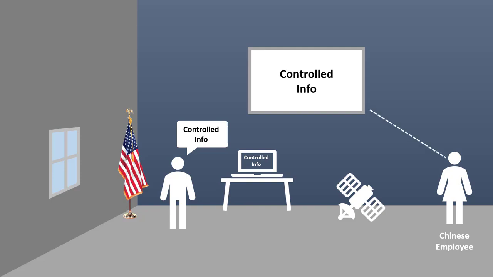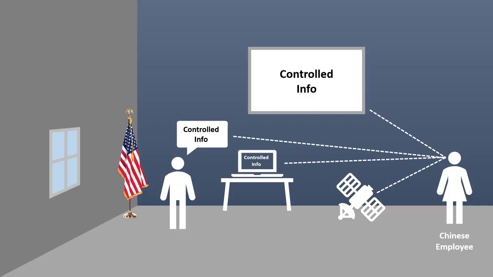She sees detailed drawings on the whiteboard, she sees schematics and software on the computer. I orally communicate information to her about how the satellites work, and she's given access to the satellite itself, where she can see how the circuits are laid out and other information about how the satellite is put together.